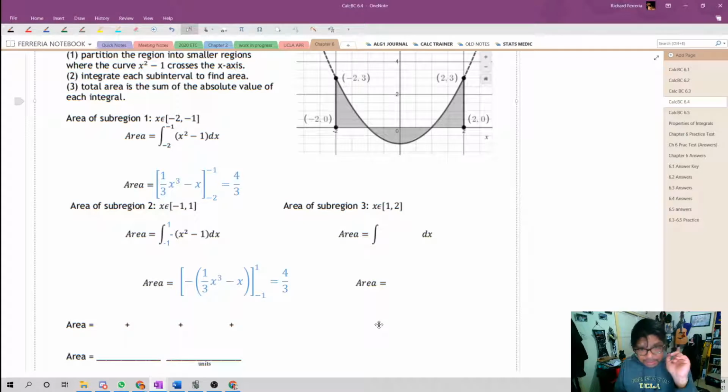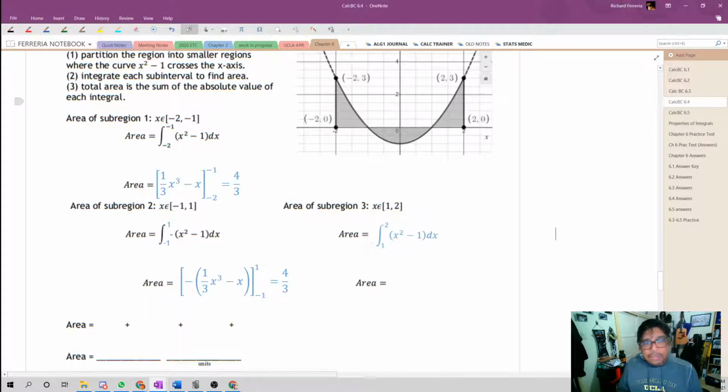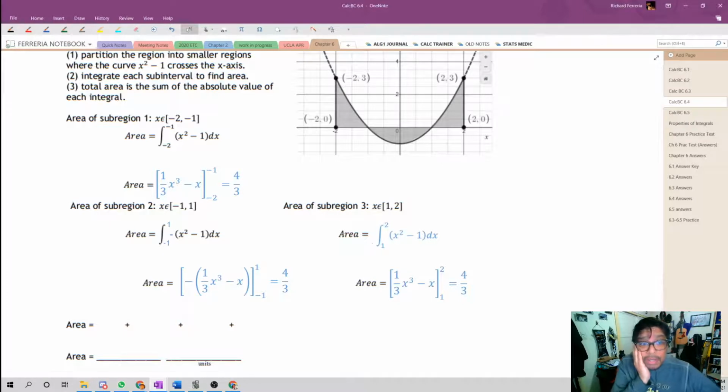Okay, that's fine. Subregion 3 is from x equals 1 to x equals 2. So the area is going to be the integral from 1 to 2 of the same function, x squared minus 1. Antiderivative is the same antiderivative, 1/3 x cubed minus x. And the antiderivative evaluated from 1 to 2 is 4/3.